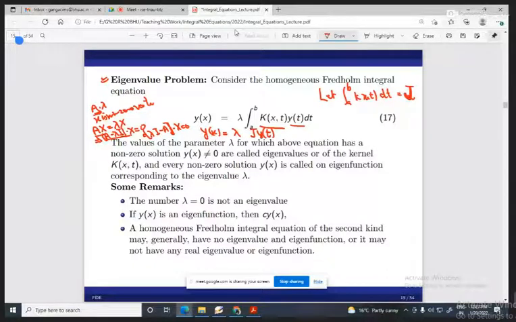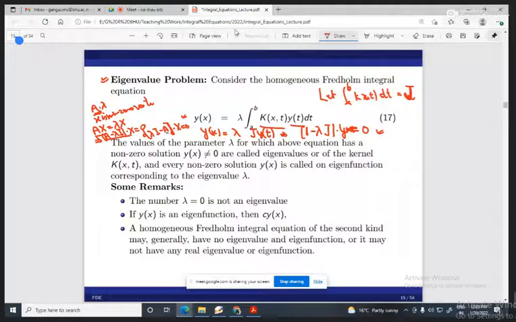Do you agree? So this equation can also be written as (1 minus lambda J) y equals 0. Can I write this? Now compare this equation and the earlier equation. I think these are the same.